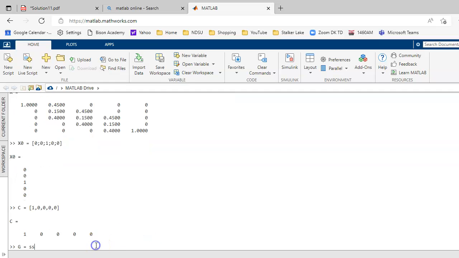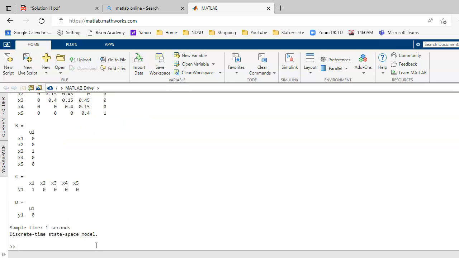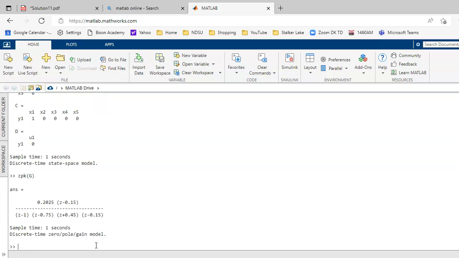G is state space of A, x0, C, 0, discrete time. Now I can ask, what is the transfer function? Multiply by z, I get the z-transform for y.